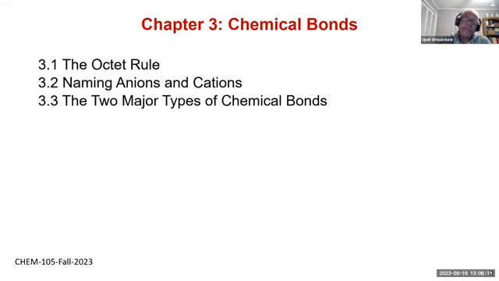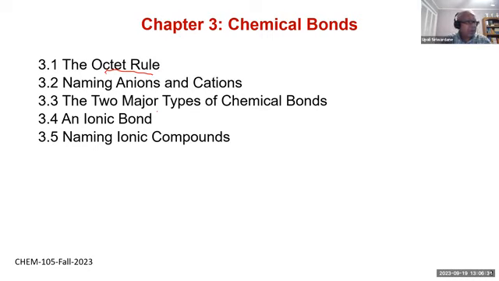There's another way to gain an octet of electrons. One way is an ionic bond. An ionic bond is formed by a metal losing electrons to a nonmetal, with cation and anion formation. So naming ionic compounds is also part of chapter 3.